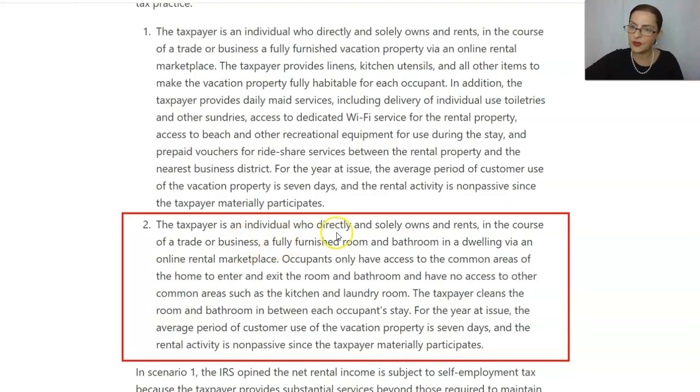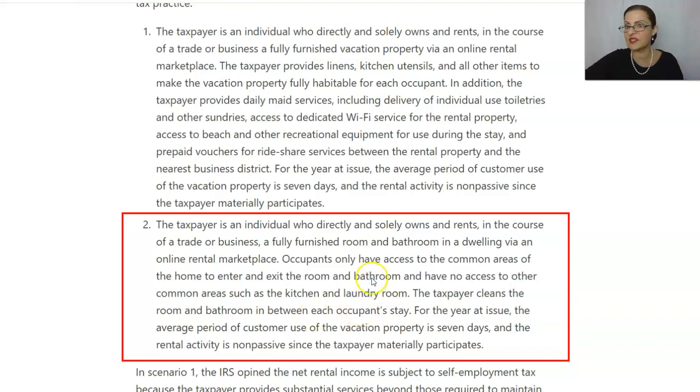It's a rental activity. It's a fully furnished room and bathroom in a dwelling via an online rental marketplace. So they're talking about Airbnb once again, or FlipKey or whatever. Occupants only have access to the common areas of the home. The taxpayer cleans the room and the bathroom between each occupant's stay, but not daily.